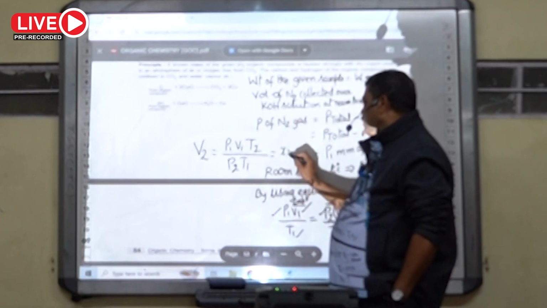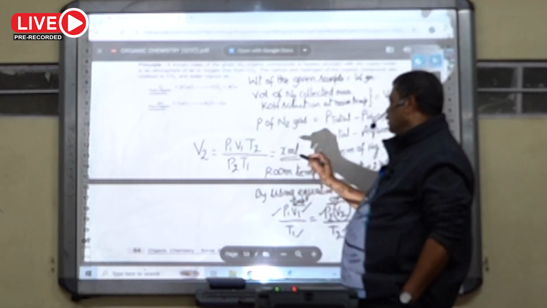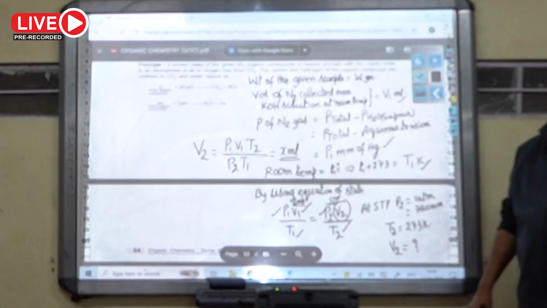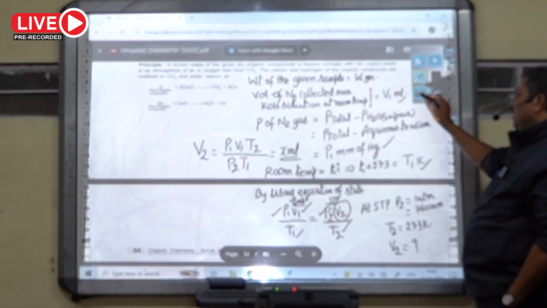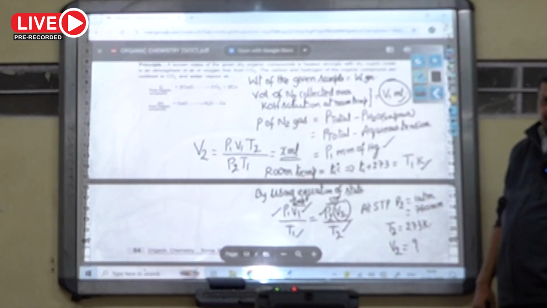Let's say this is X ml you got. That X ml is volume of N2 at STP. Write that point. The X ml is volume of N2 at STP. Or in a nutshell, you know already volume of nitrogen collected at room temperature.